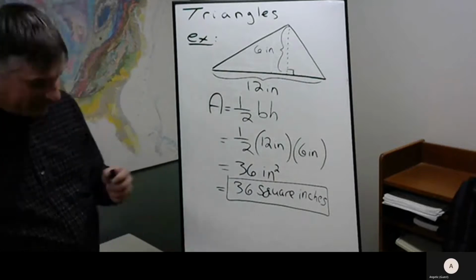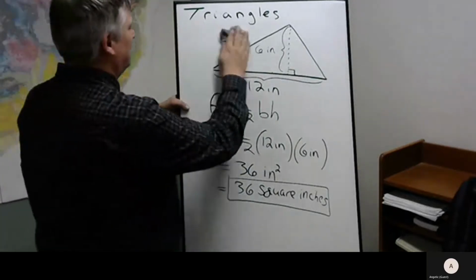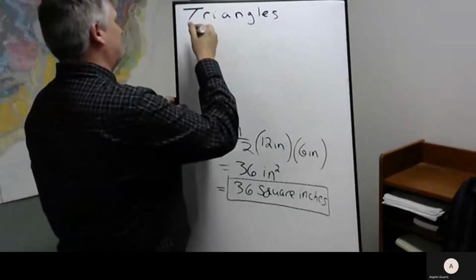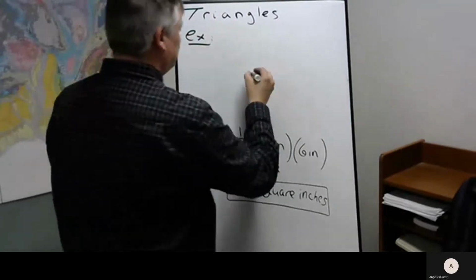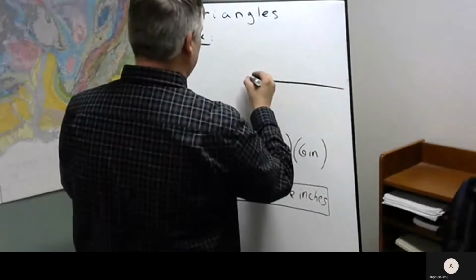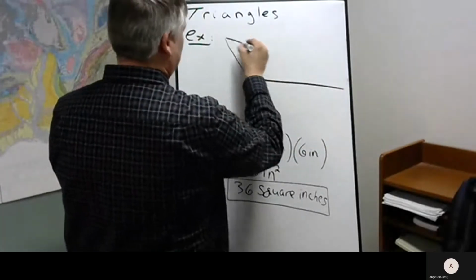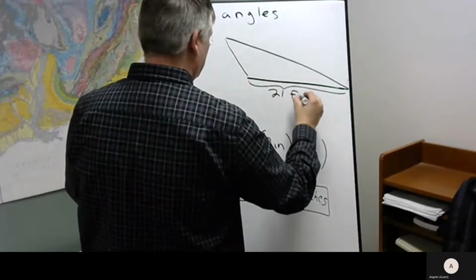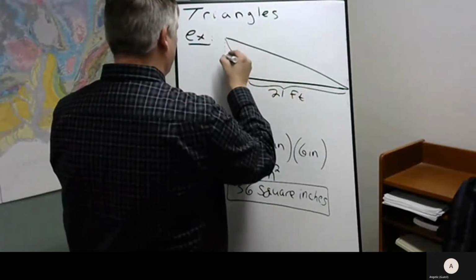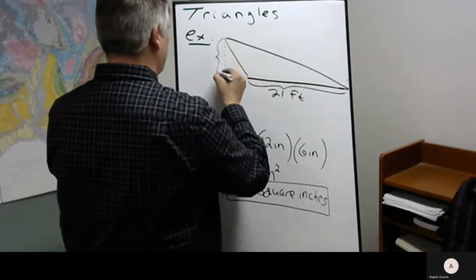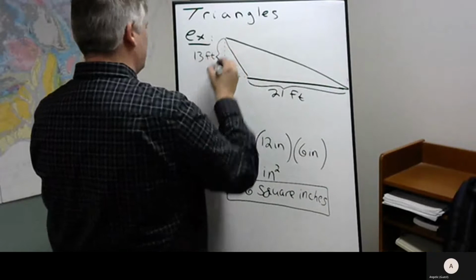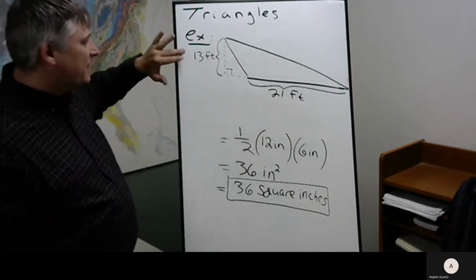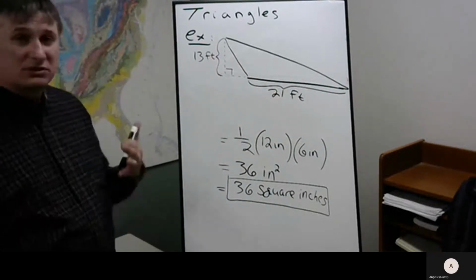So one more triangle to do. So let's say we have this triangle, 21 feet for the base, and we have this height on the side of 13. Same formula.